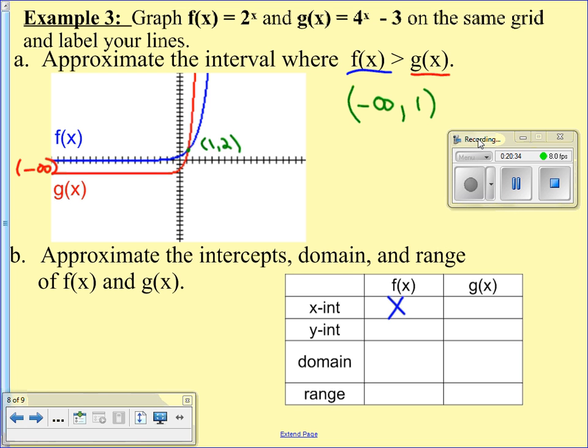But it does have a y-intercept. And the way I can find that is by going to my table and looking when the x value is 0. For f of x equals 2 to the x, when the x value is 0, the y value is 1, so I have a y-intercept of 0, 1.